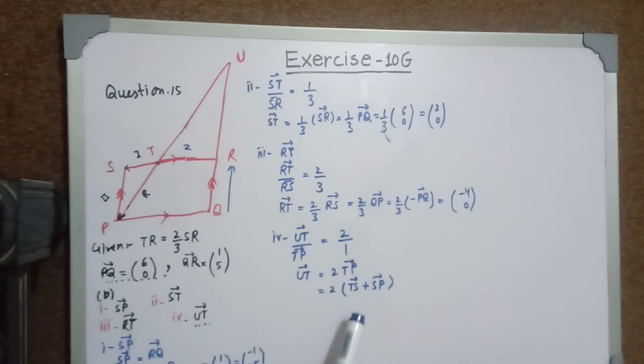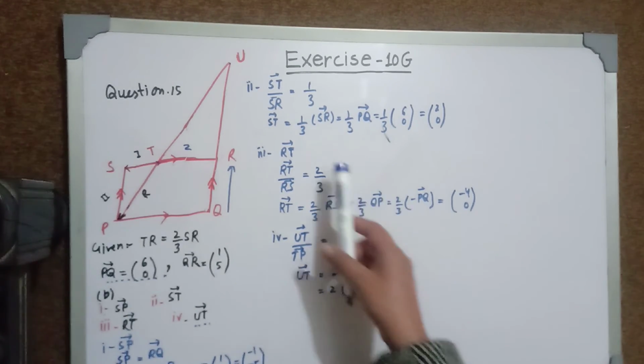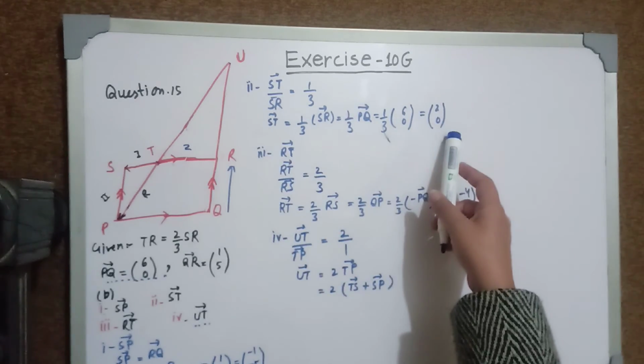Now we know the value of TS already, and we also know the value of SP. TS is the vector opposite to ST, so we will take the negative of it.